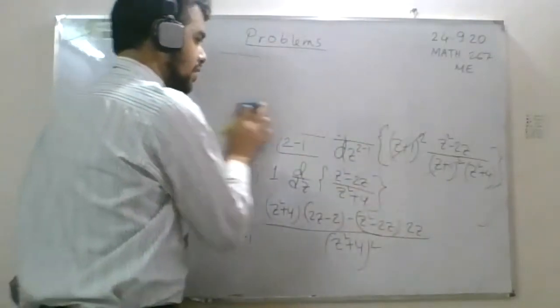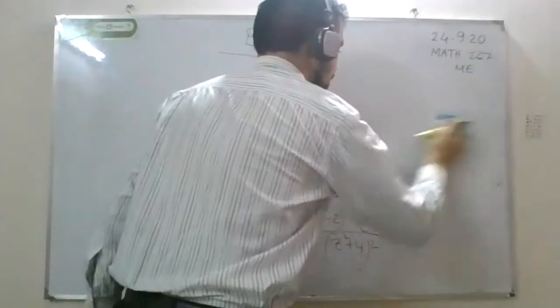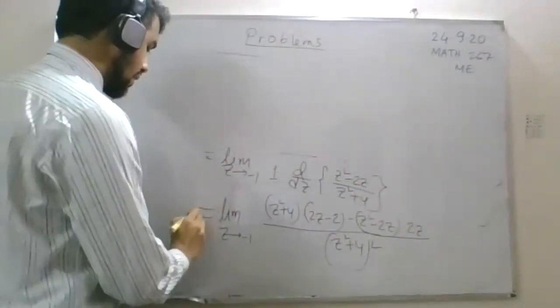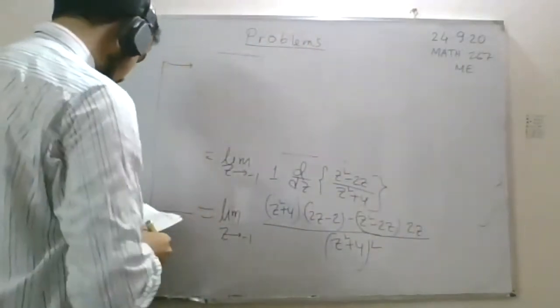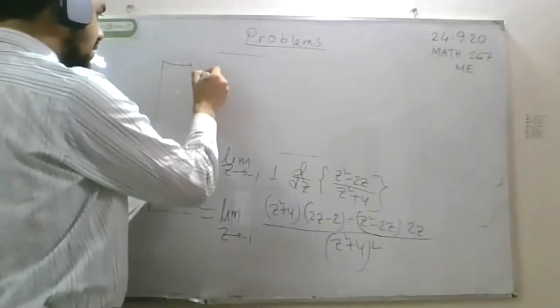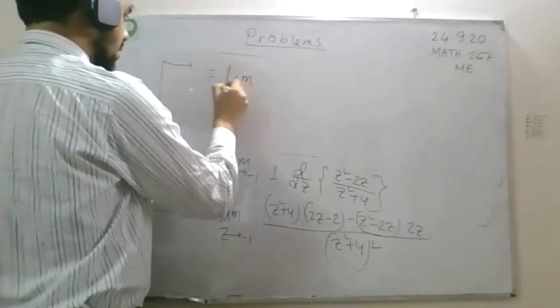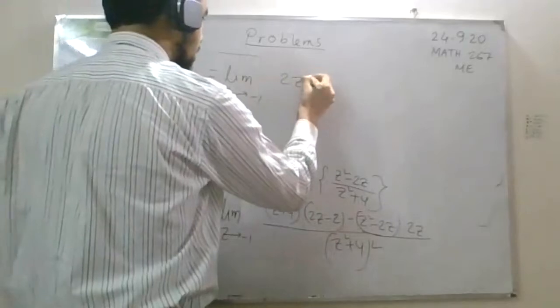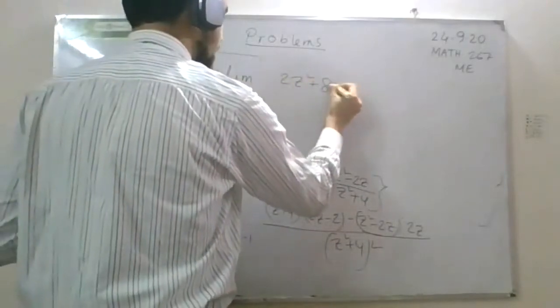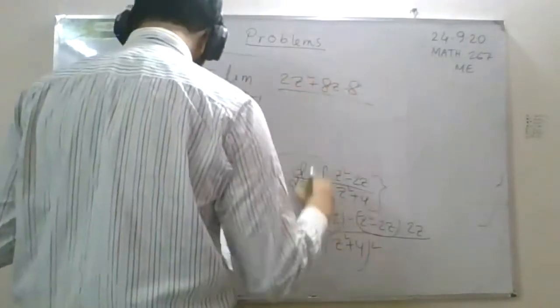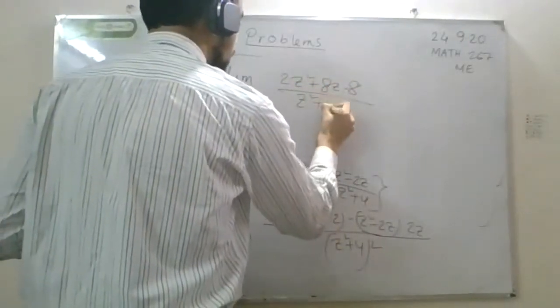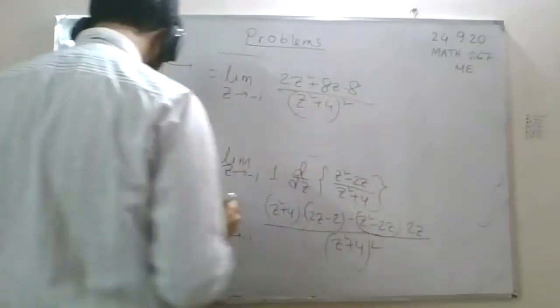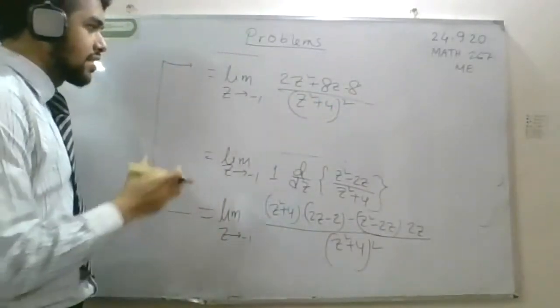I skipped some lines of the simplification. After that, you get limit z tends to minus 1 of 2z square plus 8z minus 8 divided by z square plus 4 whole square.